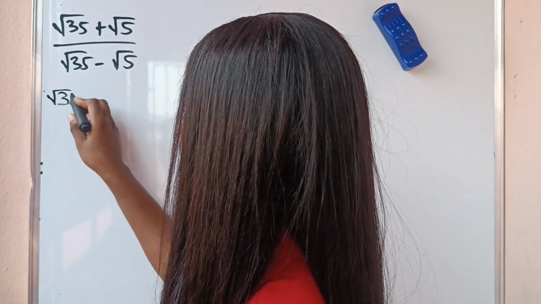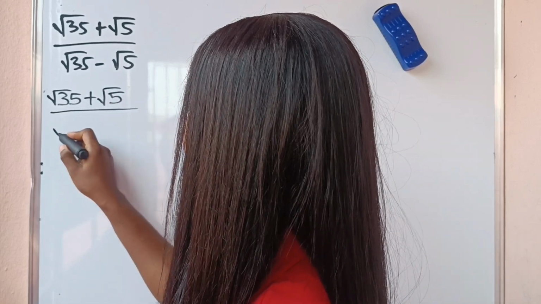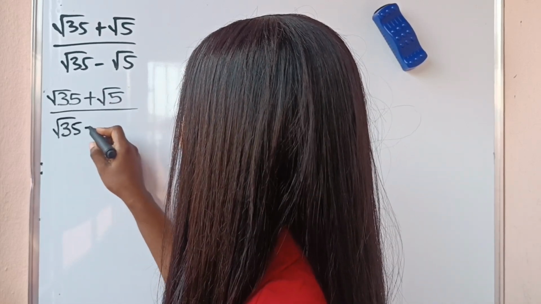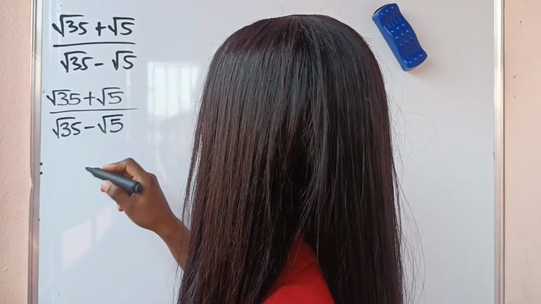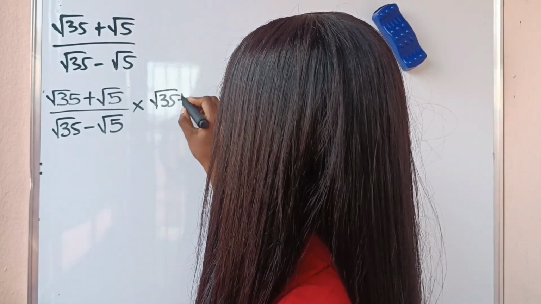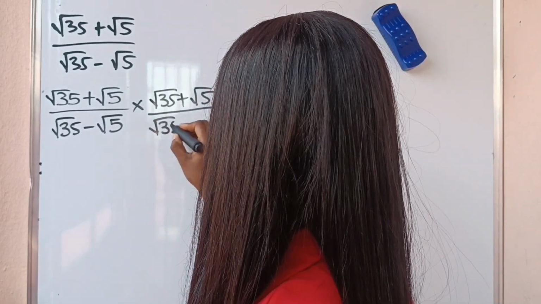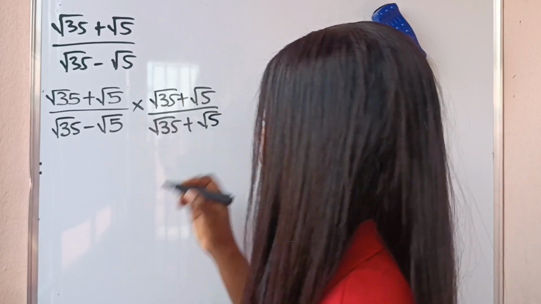So we have root 35 plus root 5 divided by root 35 minus root 5, then multiplied by root 35 plus root 5 divided by root 35 plus root 5.